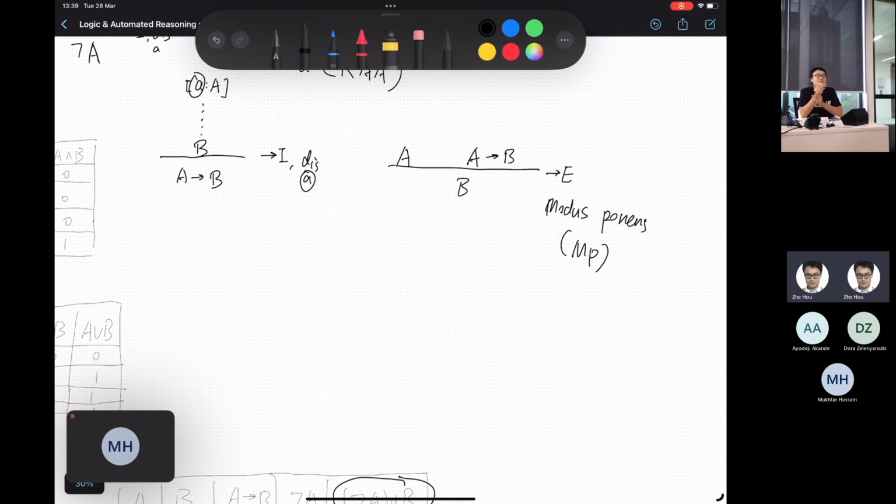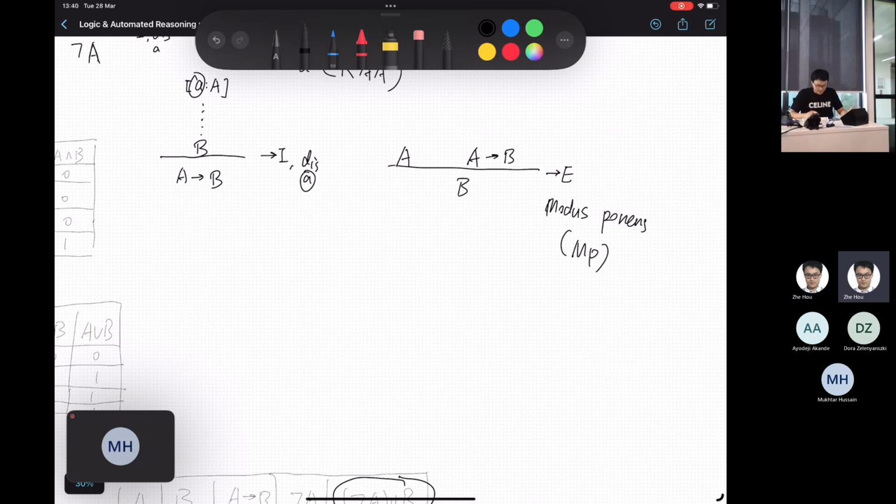Now, I think the last logical connective we have is or. Right, so we've talked about and, implies, negation, truth and false. Or is the last one. And I'm going to go with or introduction first.